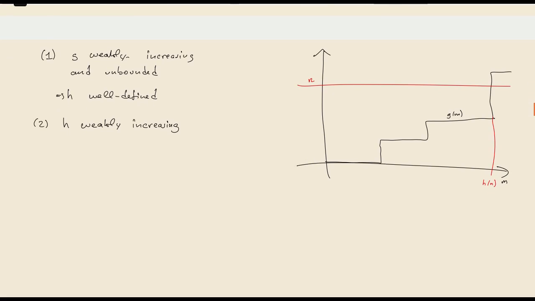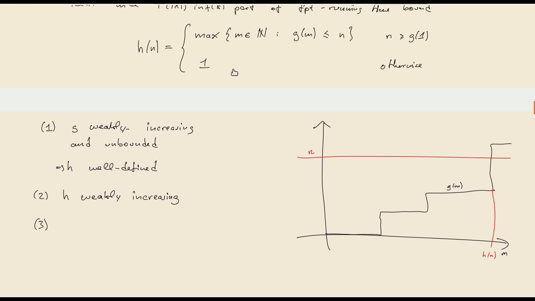One more property is that we can actually compute this function. So we know that g is computable, and that means also h is computable.